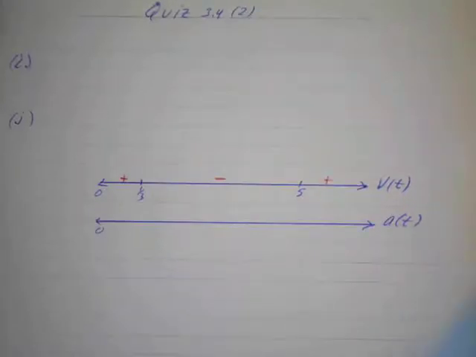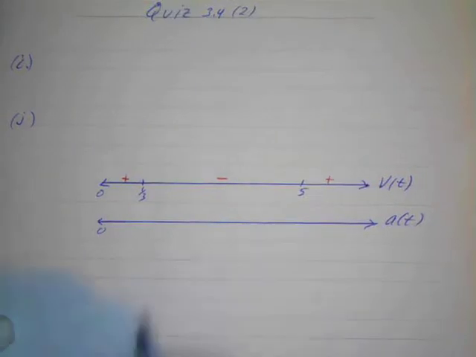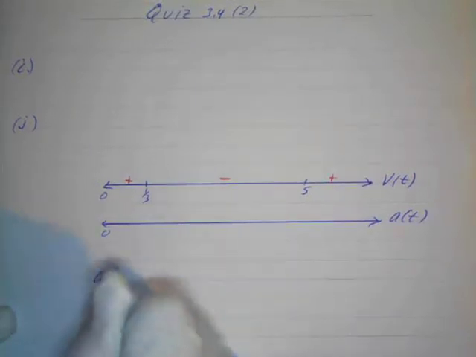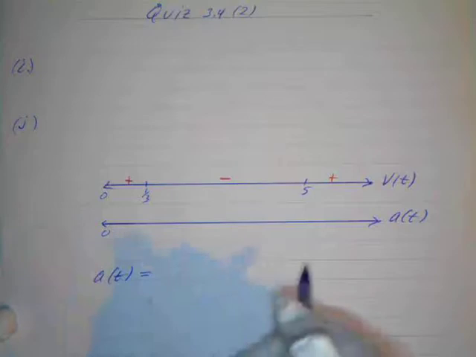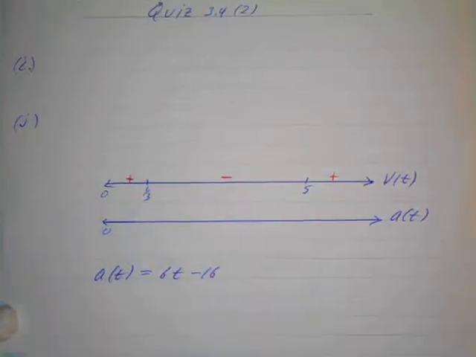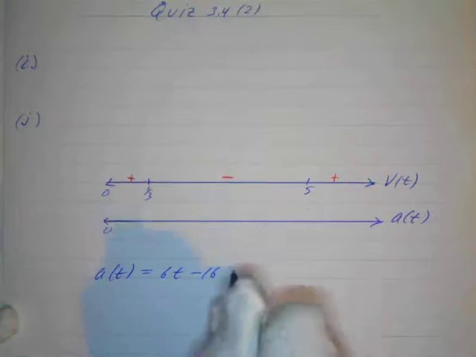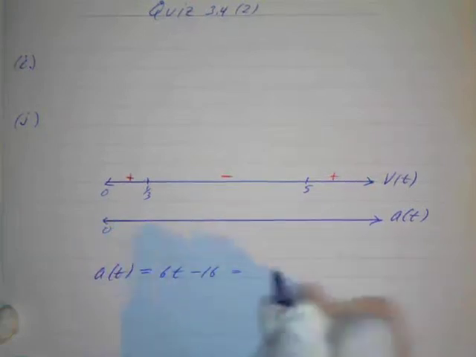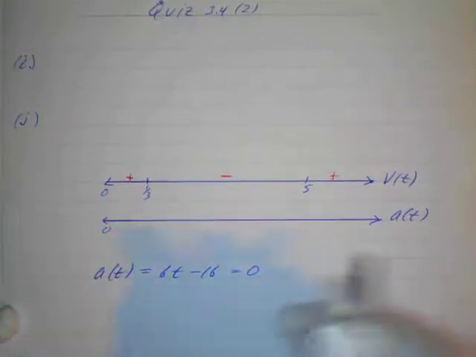So let's go back, and if you look over on letter D, we found the acceleration, a of t, was equal to 6t minus 16. So let's find out when that's going to be 0. Let's set that equal to 0 and solve.